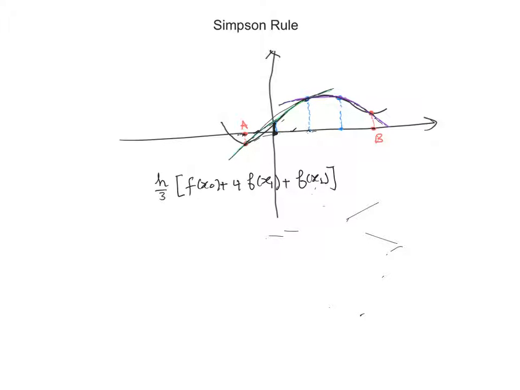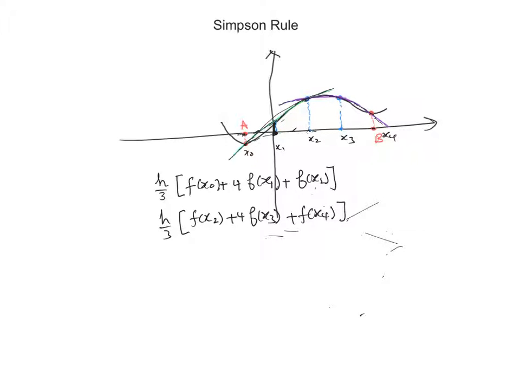So for example, if we call these points x0, x1, x2, x3, x4, then the next one will be x2, x3, x4, the next 2 subdivisions, and that'll be given by h over 3 f of x2 plus 4 f of x3 plus f of x4.